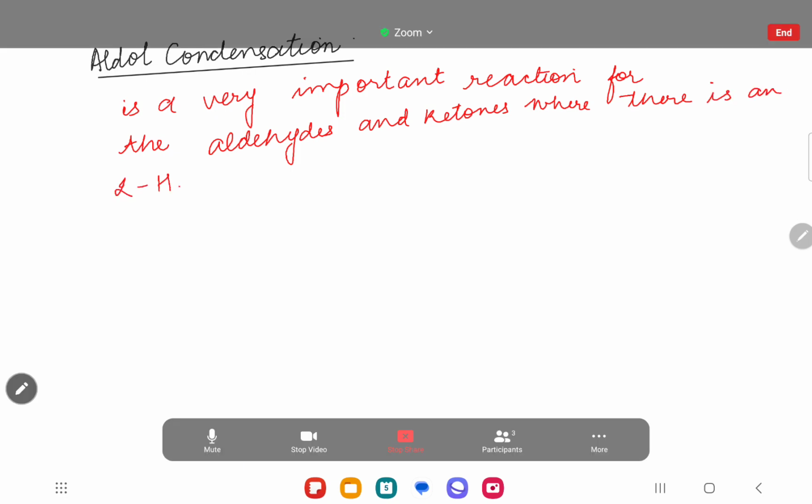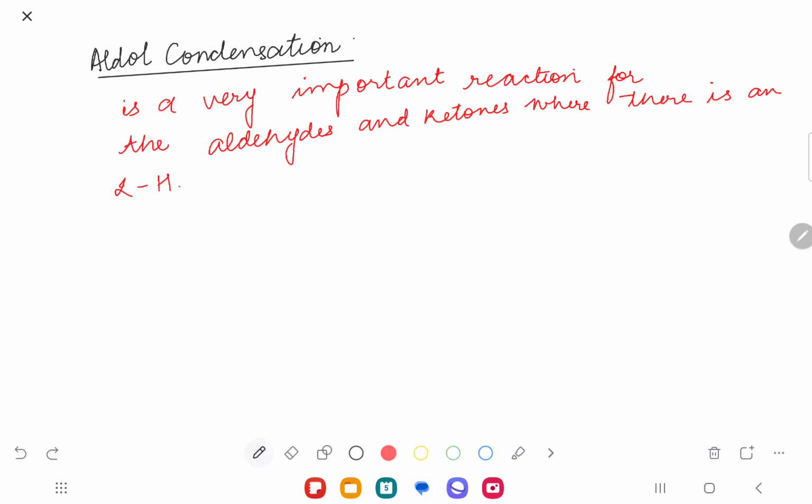Now, what do you mean by an alpha H? When we are talking about CH3, C double bond O and H, I hope you're understanding this is an aldehyde.